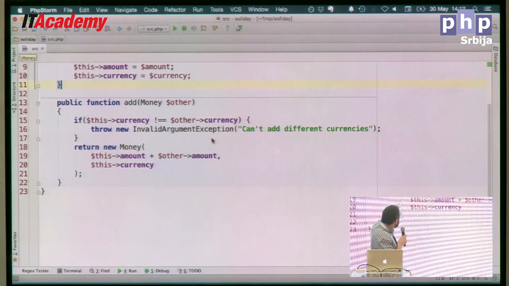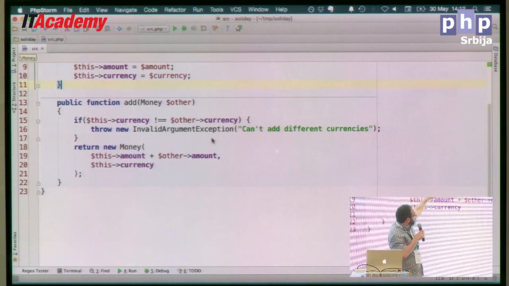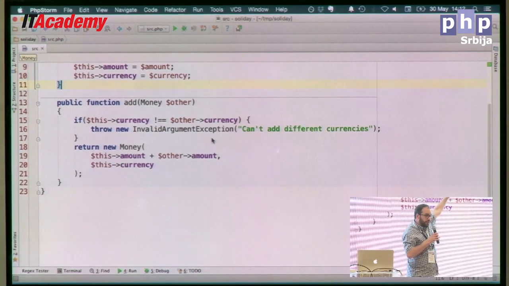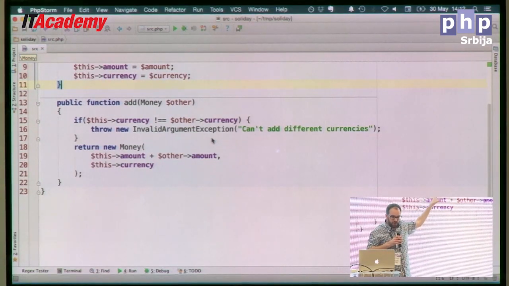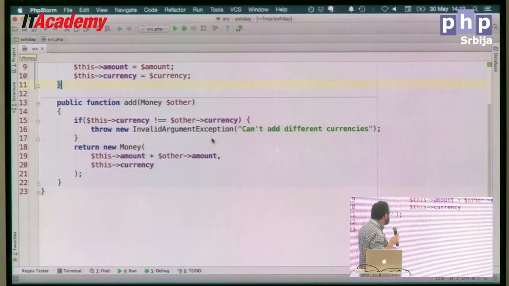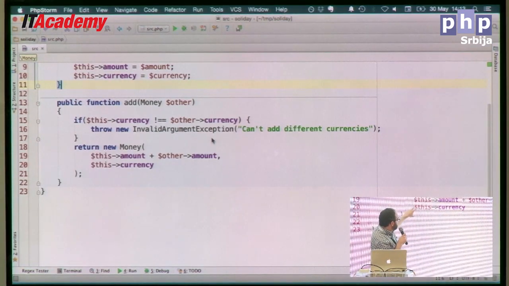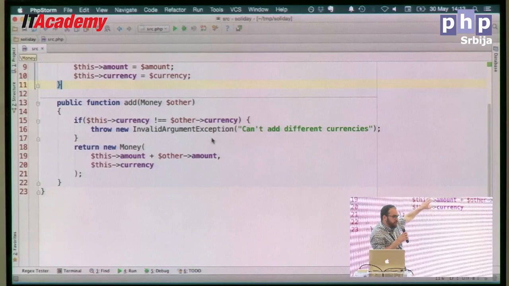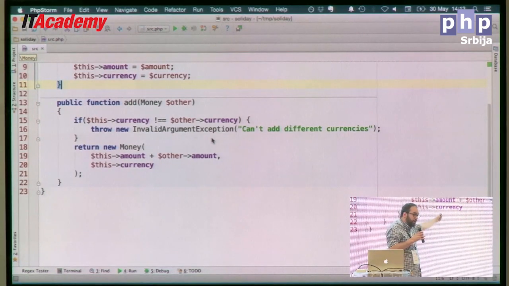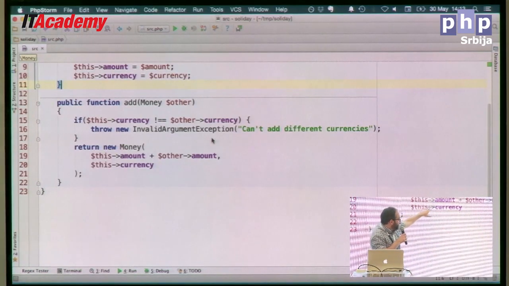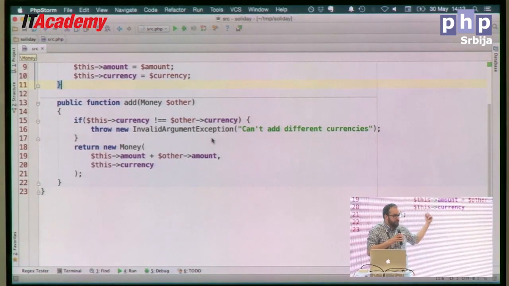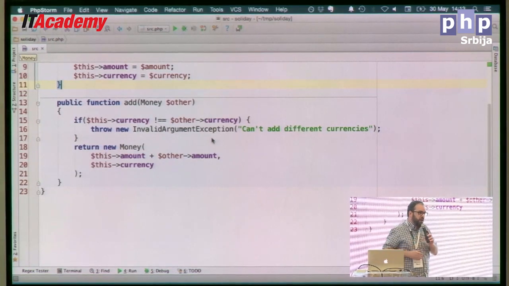And the other thing that we see here is that when I add this money to some other money, after it has made sure that this is a legal operation, so after this guard about currencies, it's not changing itself because my money doesn't change. I'm just returning a new money object. So there's a new value object that now has, of course, the sum of the amounts and the same currency.